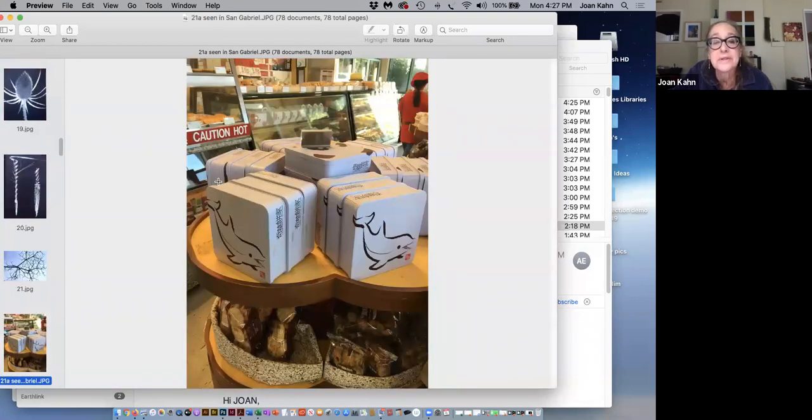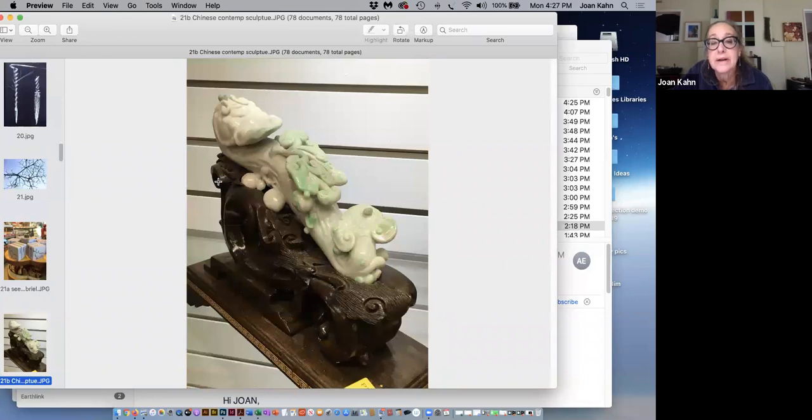I also started taking some photographs of packaging that had graphic or illustrative kinds of motif. This is a sculpture in Alhambra in an antiquity shop. I love the form of these sculptural forms. I thought they were very traditional.